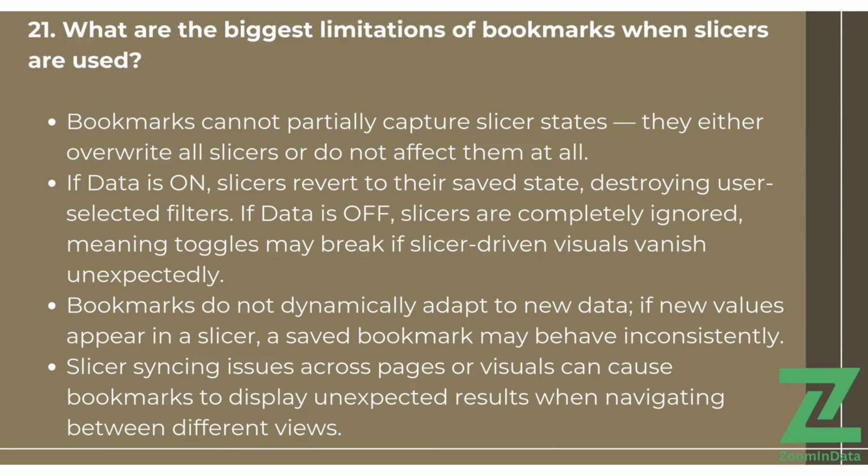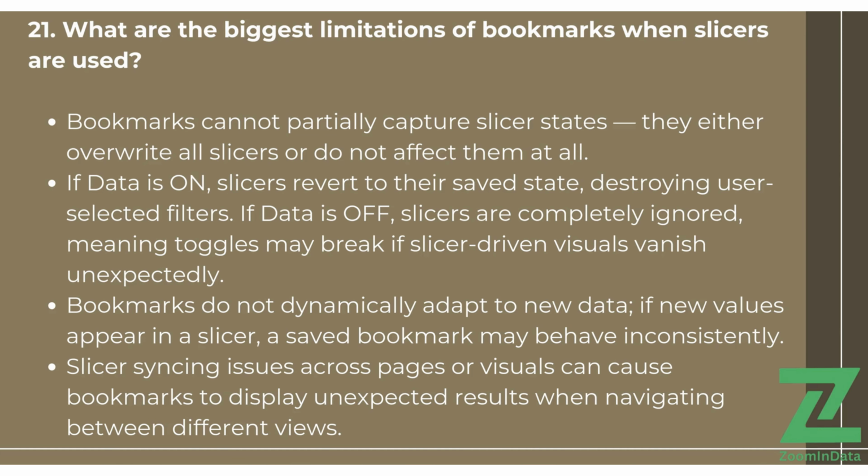21st question. What are the biggest limitations of bookmarks when slicers are used? Bookmarks cannot partially capture slicer states. They either overwrite all slicers or do not affect them at all. If data is on, slicers revert to their saved state, destroying user-selected filters.